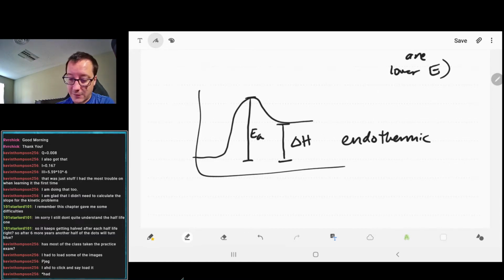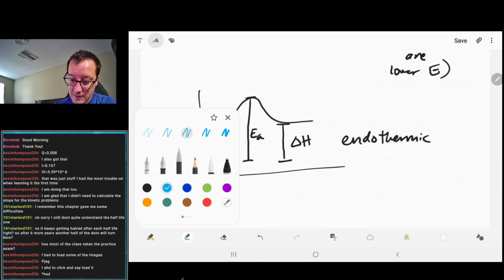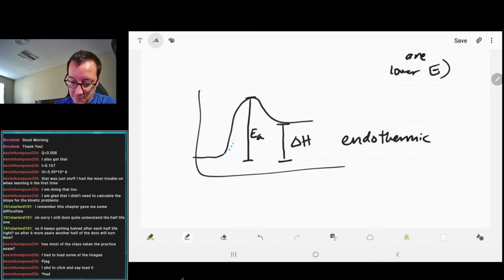If you were to have a catalyst with this sort of thing, it would look much the same, except we're going to have just a smaller activation energy. But it's still going to be endothermic. It's still going to have all the other same properties because, again, delta H is a state function. It does not care if you have a catalyst or not. Remember, this is the transition state up top. Not an intermediate. That is a transition state.